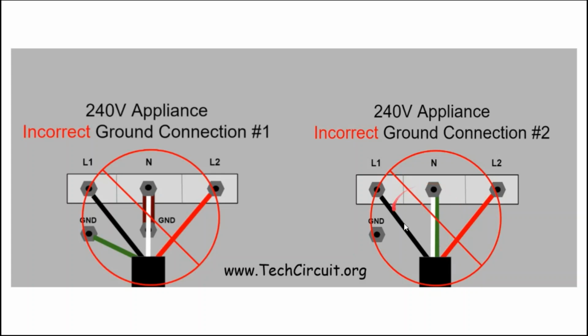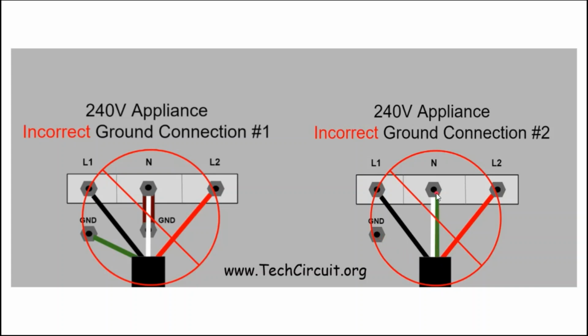Here's another example of an incorrectly connected power cord. You have L1 connected properly, L2 connected properly, but you've got neutral and ground connected to the same lug, and the cabinet has no ground wire to it. Now, in this case, the cabinet is floating, which is very dangerous, actually.